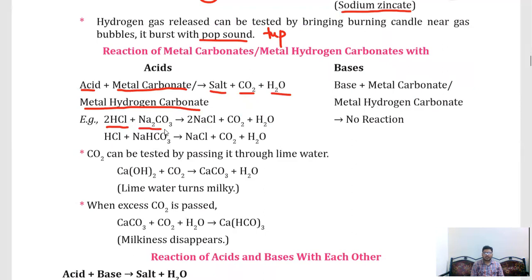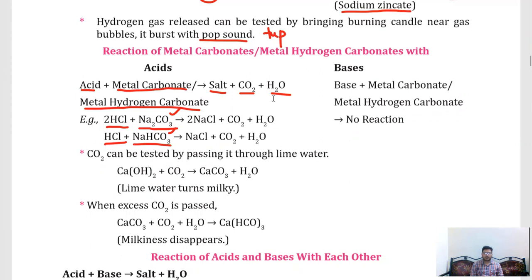Here they are taking Na2CO3. Na is metal, CO3 is carbonate, so sodium carbonate is a metal carbonate. Metal hydrogen carbonate is NaHCO3, sodium hydrogen carbonate. So acid plus either metal carbonate or metal hydrogen carbonate gives salt. NaCl is produced plus carbon dioxide and water.